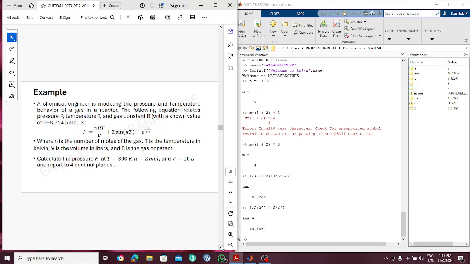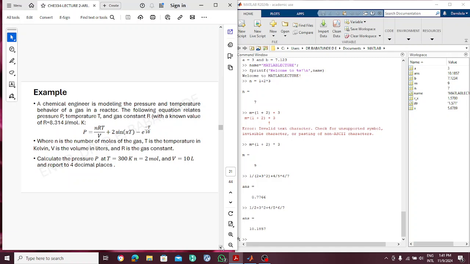So here we are asked to calculate pressure at a particular temperature, which is 300 Kelvin, n, the number of moles, is 2, and the volume, represented by V, is 10, and we have to report the result in 4 decimal places.